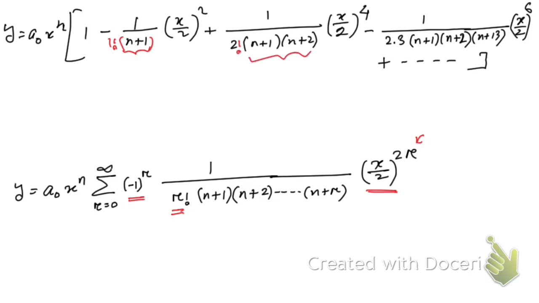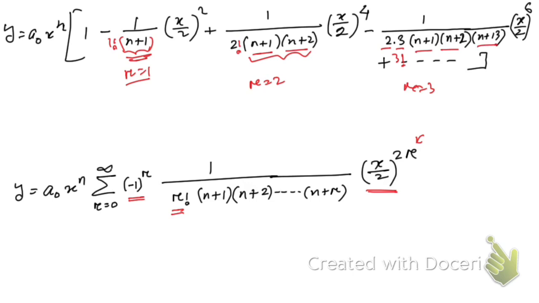For r is equal to 1, you have n plus 1. For r is equal to 2, you have n plus 1 into n plus 2. For r is equal to 3, you have 2 into 3, which can be written as factorial 3, into n plus 1 into n plus 2 into n plus 3, right?